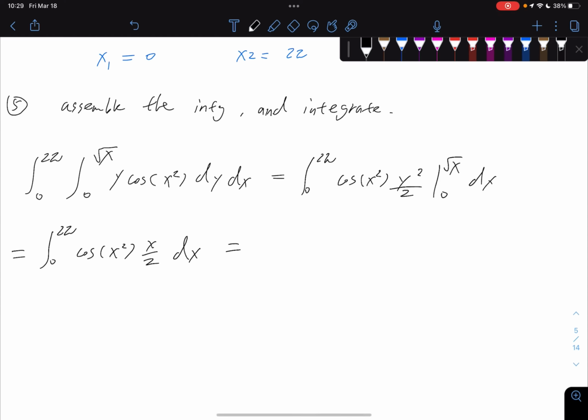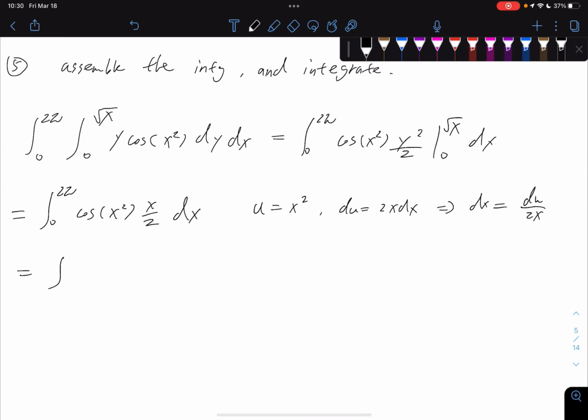So I'm going to say let u equal x squared, du equals 2x dx, dx equals du over 2x. And let's substitute this in.